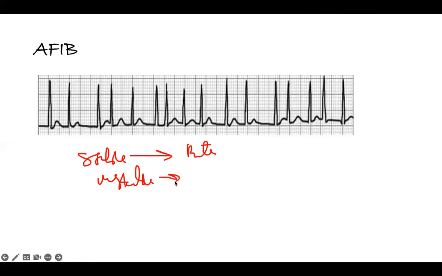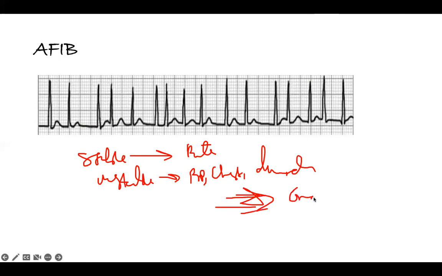If they're unstable, means what? Blood pressure is low, they have chest pain, they have dizziness, they have paralysis. What do they do? You know the deal. Where do we go? Synchronized cardioversion.